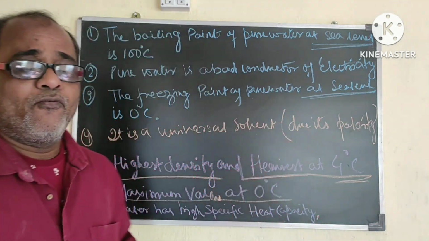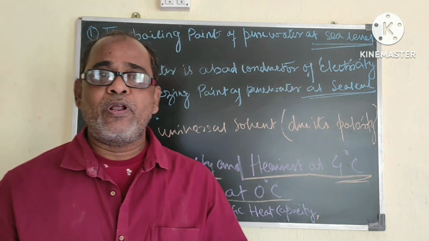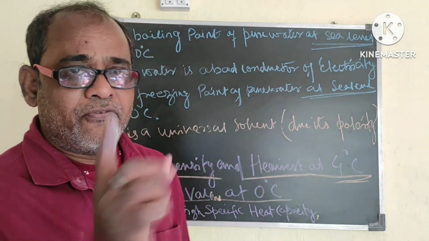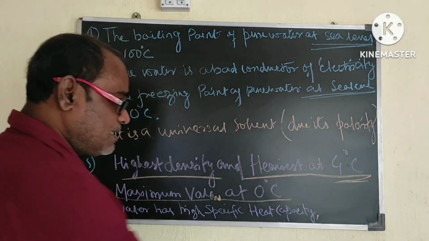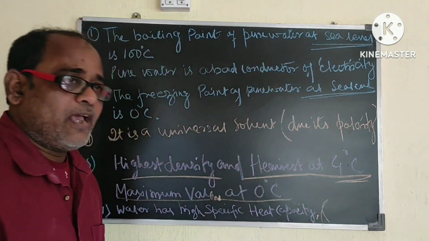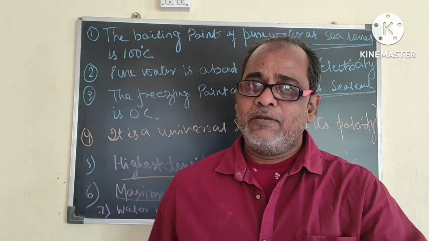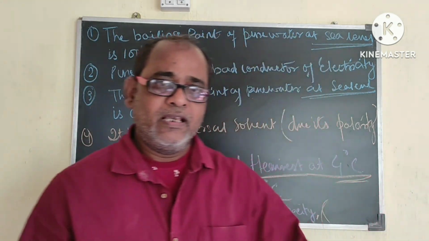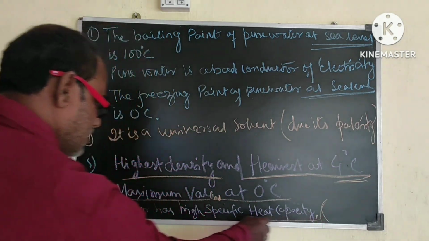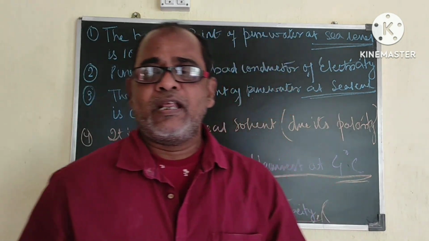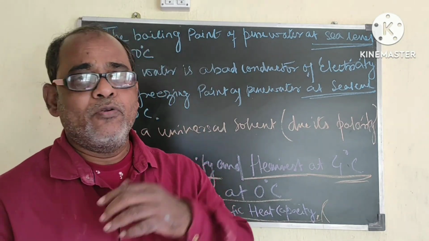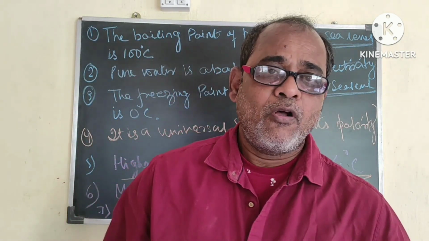We have to mention 14.5 to 15.5 degrees Celsius, or else your definition would be wrong. With the help of this last property, we explain land breeze and sea breeze. Now I think you must have understood these properties. Now we'll go on to the chemical properties of water.